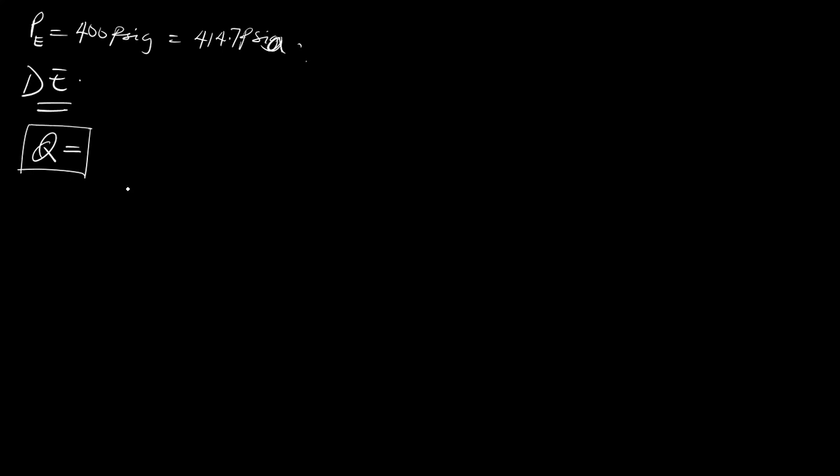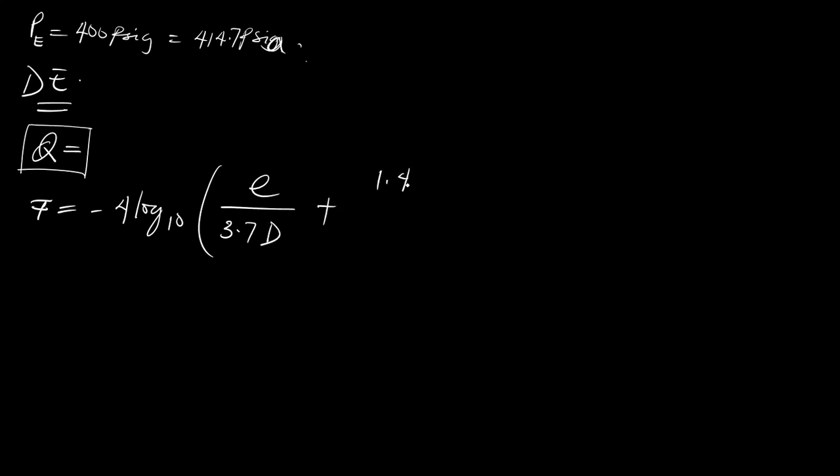To calculate the transmission factor, we are going to use the modified Colebrook-White equation, where the transmission factor will be equal to minus 4 log base 10 of E divided by 3.7 D plus 1.425 F divided by Reynolds number.